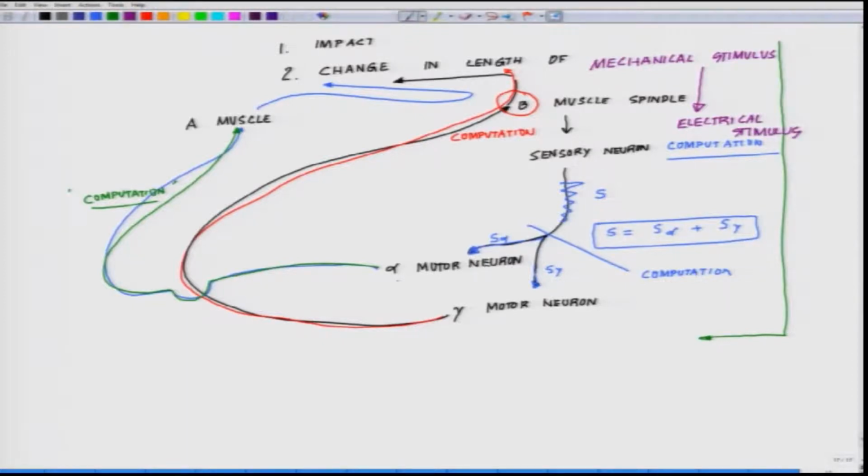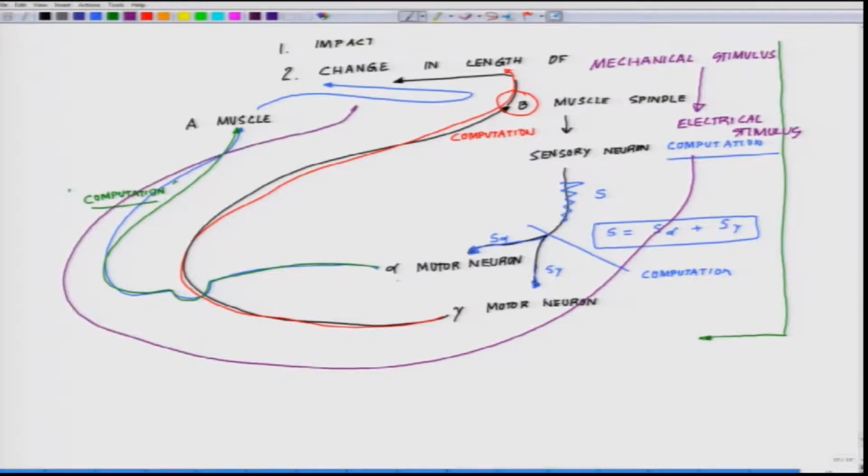This electrical stimulus is again computed through multiple channels, and again this electrical stimulus is translated into a mechanical stimulus where there is a length change, recalibration or restructuring of the length happening. So what you essentially see is mechanical signal to electrical signal to mechanical signal.